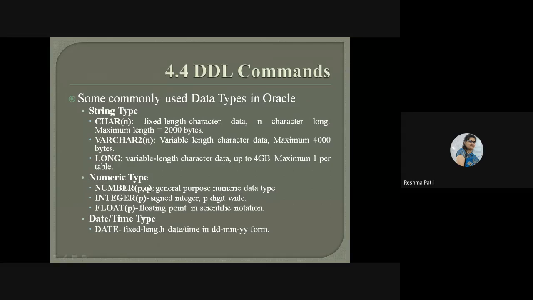For example, if you write 2, it will take numbers like 10.00, 10.01, 10.02. It will not take 10.000 because we have specified q, that is, we want only two decimal places from the user. Then integer will take integer type values, and float will take decimal type values. Here we are not restricting the decimal places, whereas in number(p,q) we are restricting, but in float we cannot restrict.